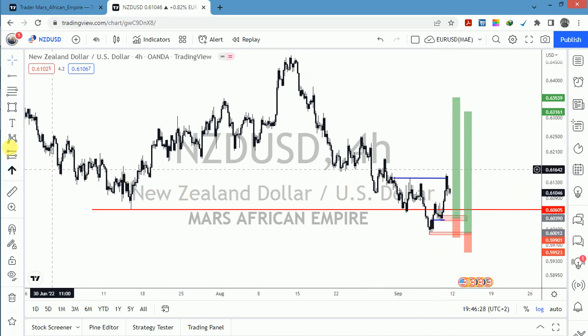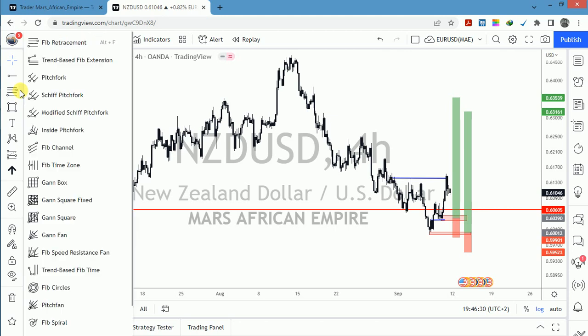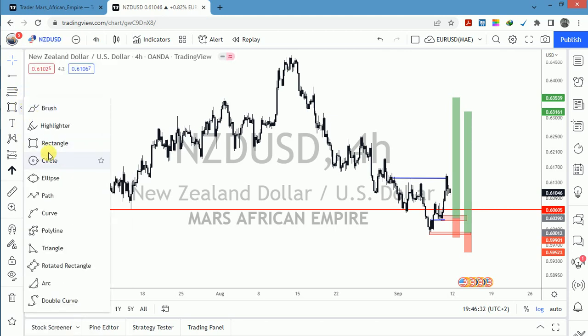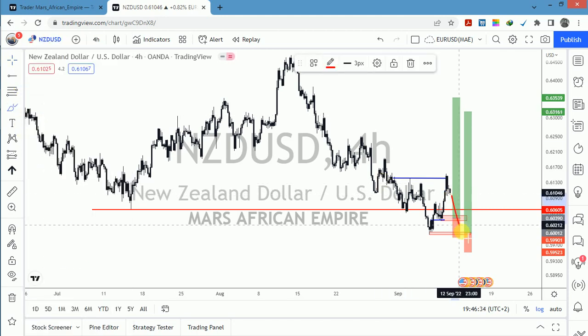That is where we are going to also buy if in case we see price getting to that POI. So if price decides to go down there, we're going to have another entry there and hold it together with the entry that we had on 0.604.